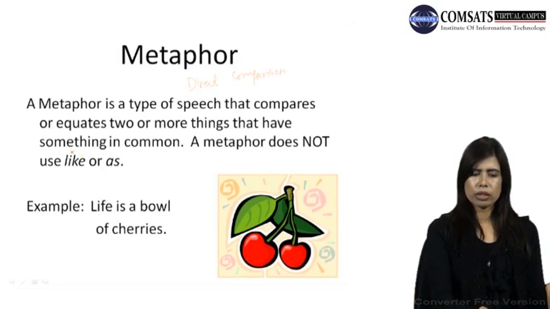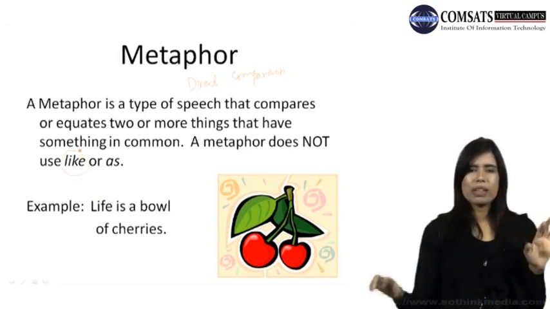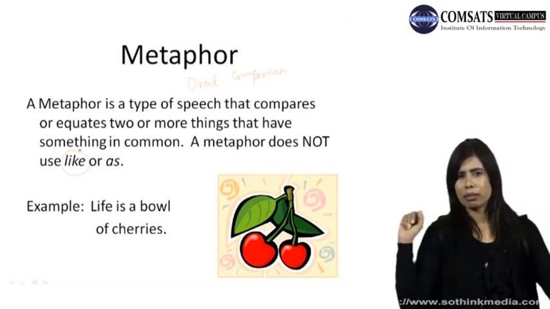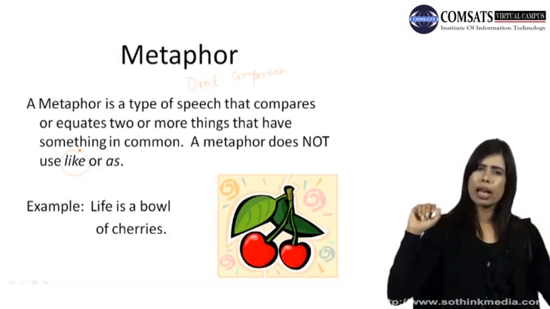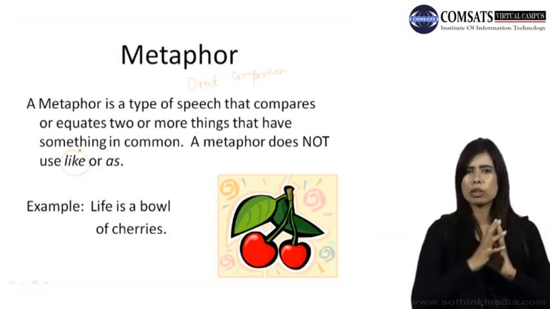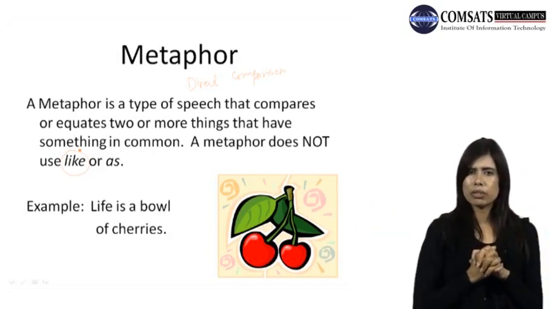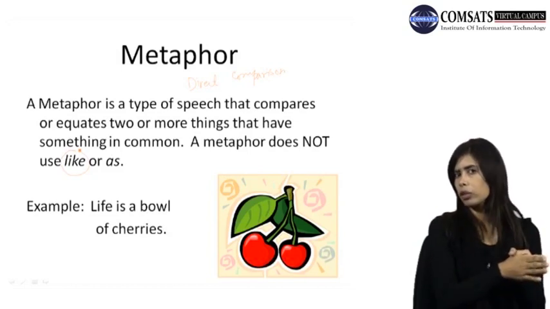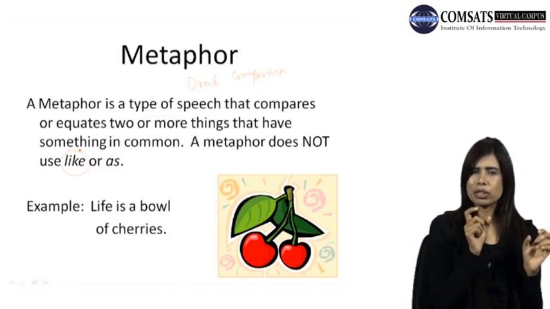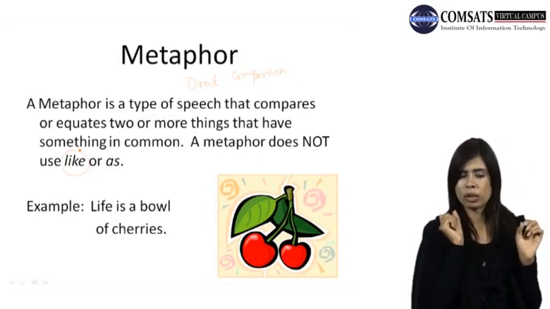So my dear students, if we say life is like a bowl of cherries, that would be indirect comparison. But here you are giving all the attributes of a bowl of cherries to life. Obviously that is not possible. Life is not a bowl of cherries if we go for the literal or the dictionary meanings of the words, but this is a figure of speech. This is the beauty of the speech as well, fine.